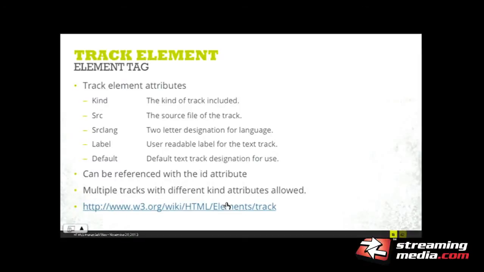Source language is going to be used for things like subtitles, where the default language of the system that the user's on will be carried all the way down into the player for subtitling and automatically pulled if there is a subtitles track. Label is just user readable, we'll see where we can leverage that. And default is just an attribute property on these elements that tells the player whether that's the default track to use or not. This is also based on the kind of track.